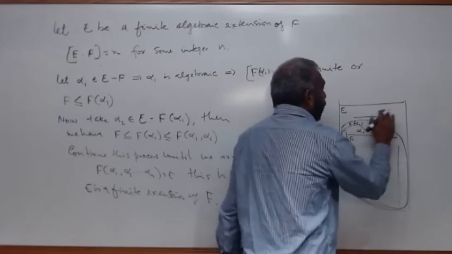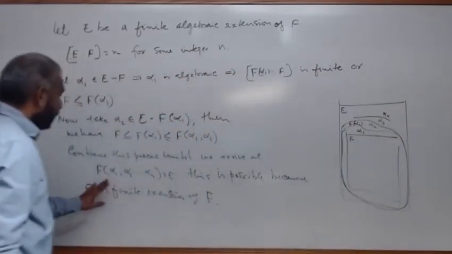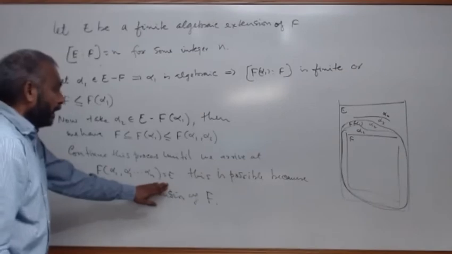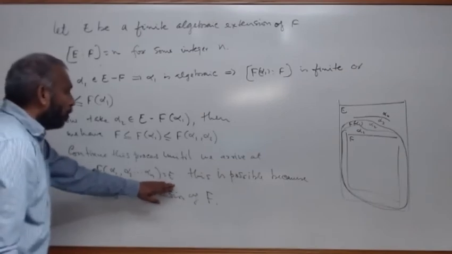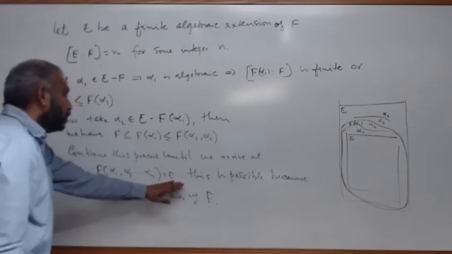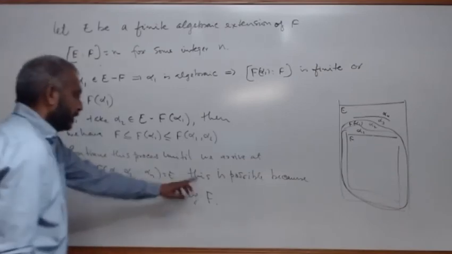The process will stop for some n. And once it stops, then there are no more elements from E which are not in here, because E is a finite extension.